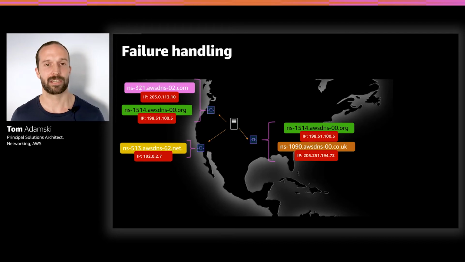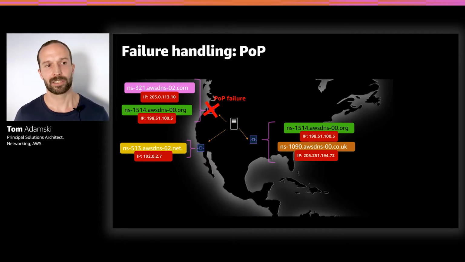That's the one that resolvers end up using for querying example.com. Now, if there's a failure of the whole POP, the resolver can easily reroute the traffic to another location. So even if it was the .org, we actually have another location advertising .org. If it's .com and that was the closest .com, we can probably find another .com in another location.